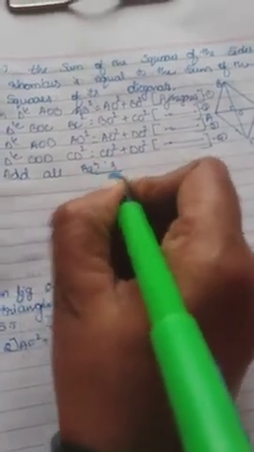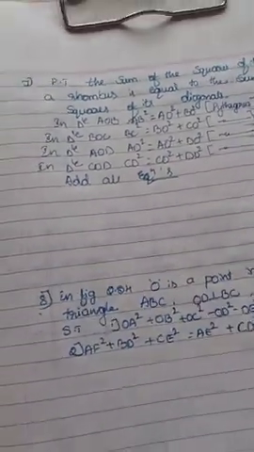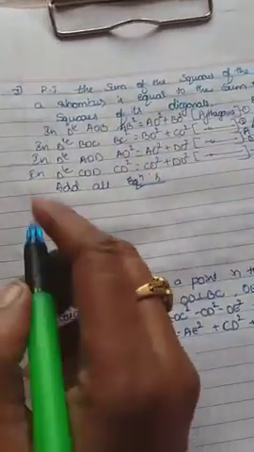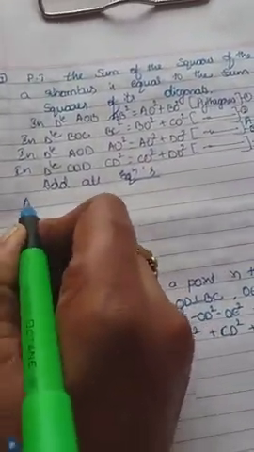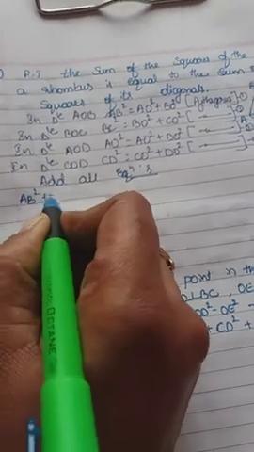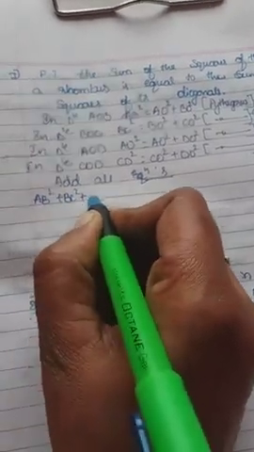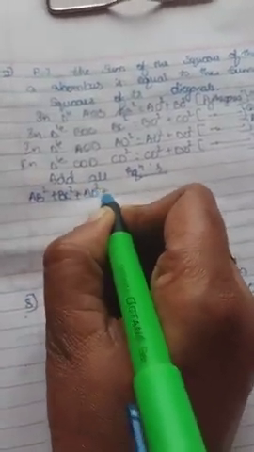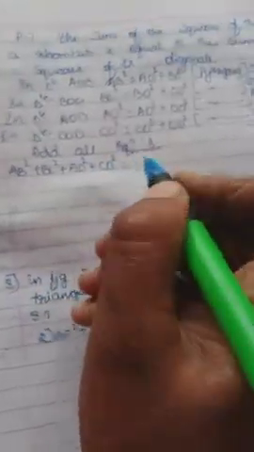First we add the LHS, that is AB square plus BC square plus AD square plus CD square equal to the right side.